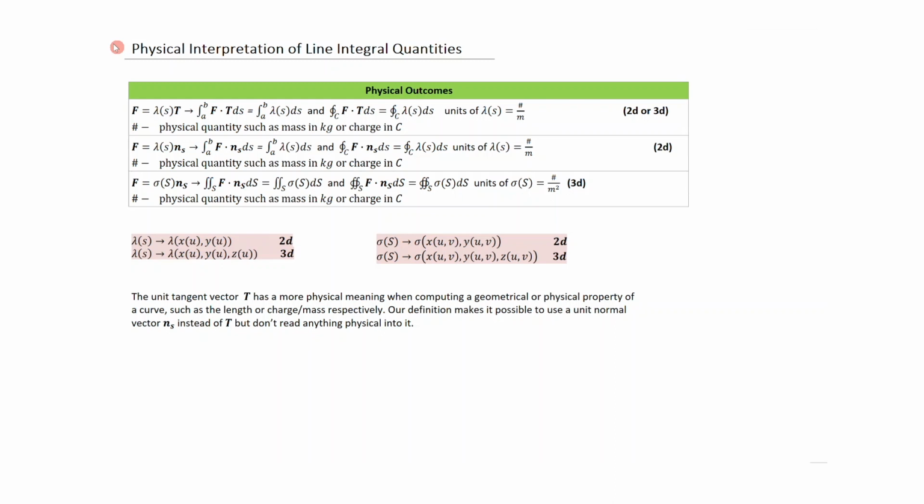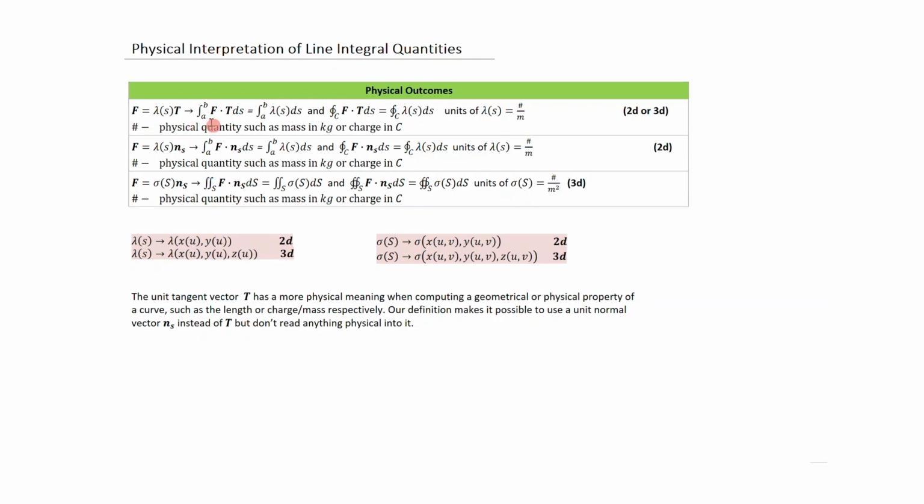All right, so the next thing to look at is a physical interpretation of line integral quantities. And in this case, the vector field F is replaced by some scalar coefficient times the unit tangent vector T. And this S is just symbolic. We'll basically explain what this actually looks like in real form shortly.